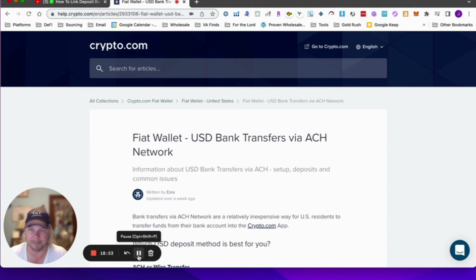I hear Ally Bank. I don't even know how you spell it. It's like ALLY or something like that. I hear that you can move your funds from your personal checking or bank account to there, and then from there you can make transactions through a service like crypto.com.